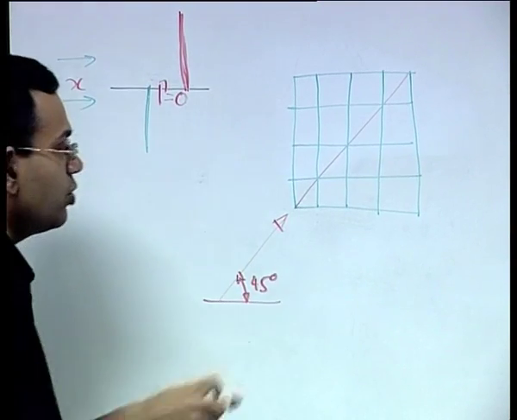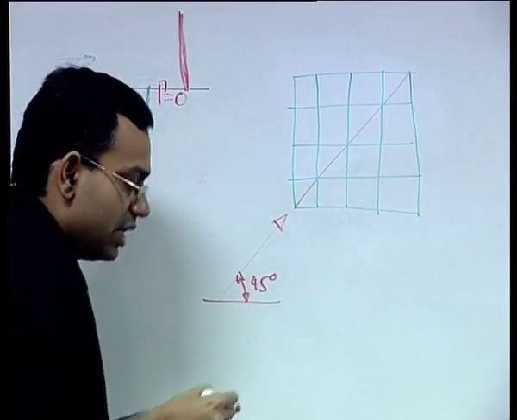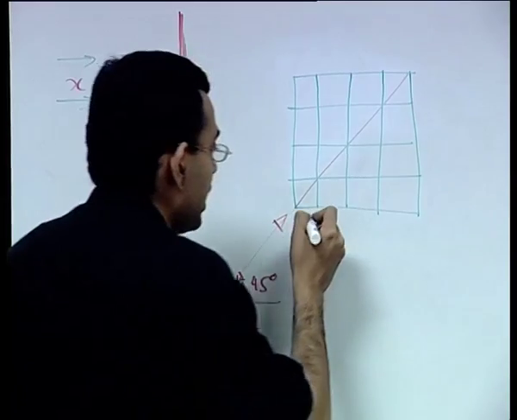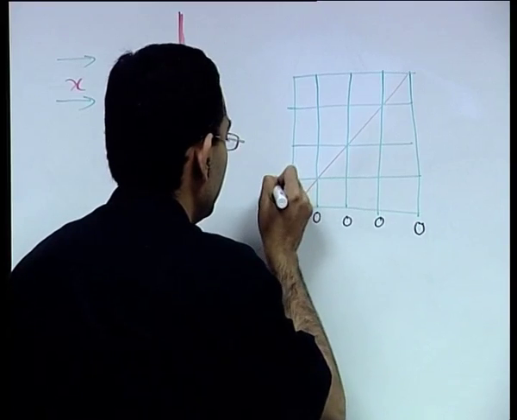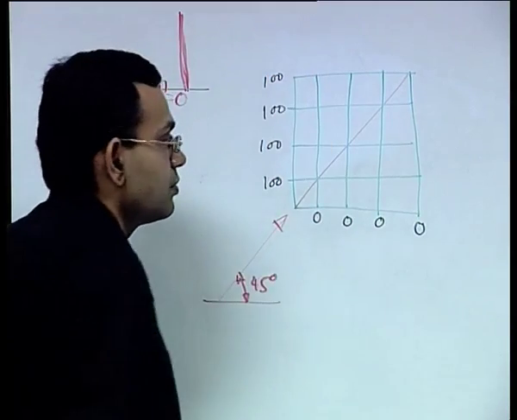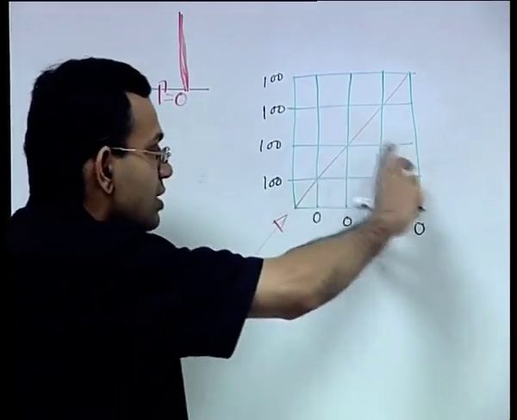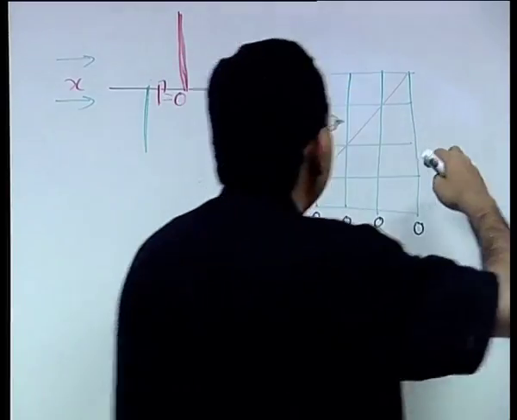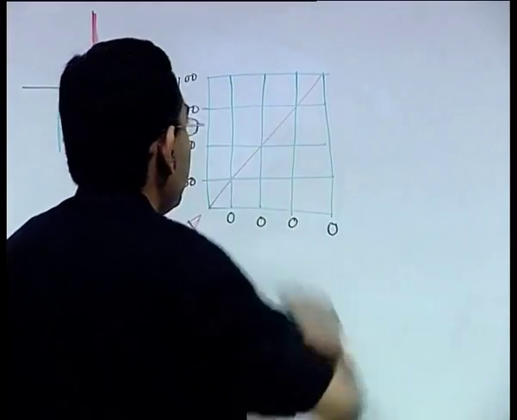Let us say that on one side of this flow direction you have the temperatures as 0 degree centigrade, and on the other side it is 100. So these were the boundary conditions. On the side below it is 0, and on the side above it is 100.